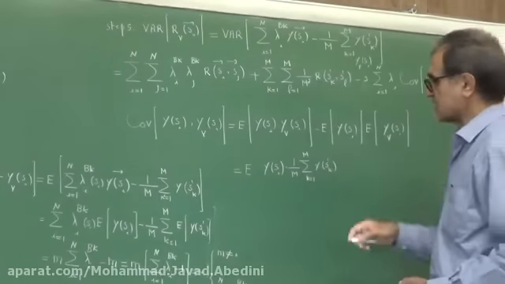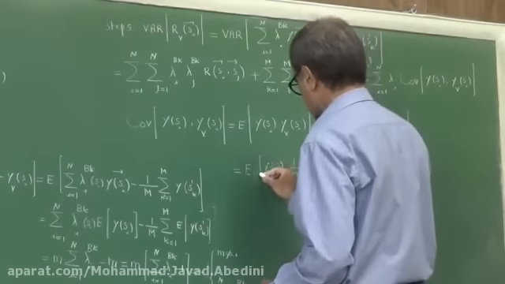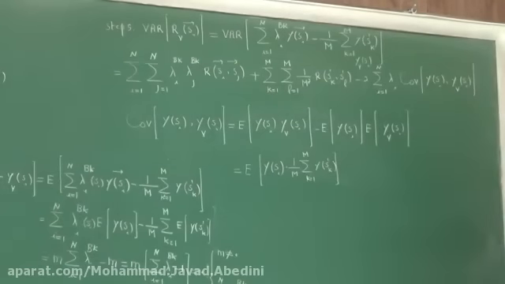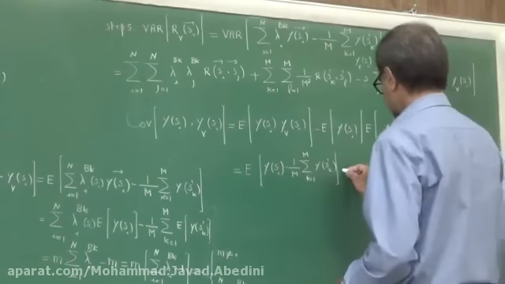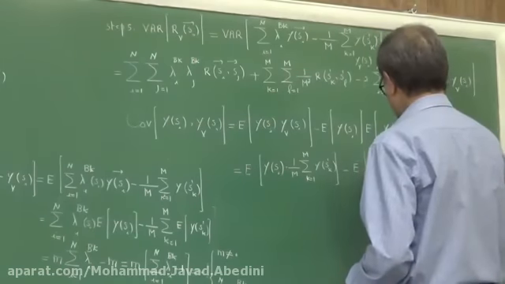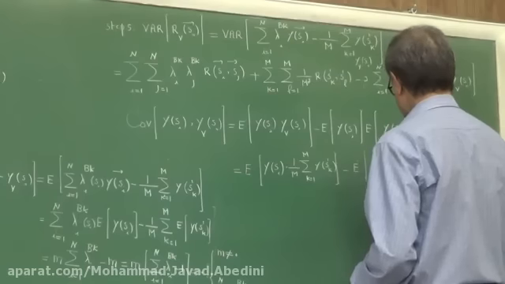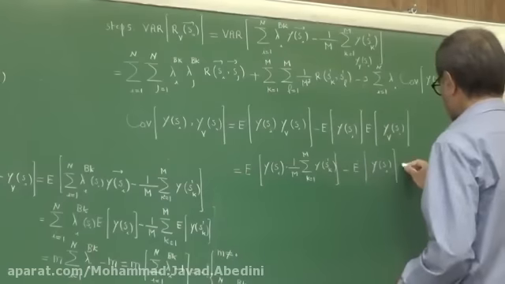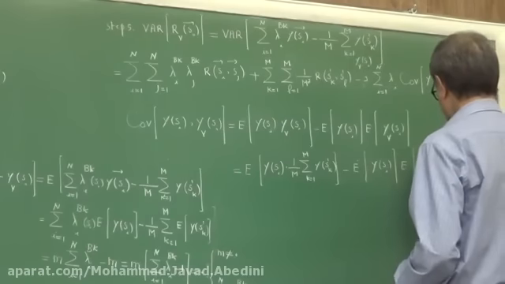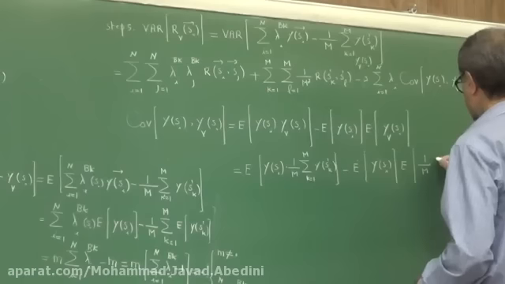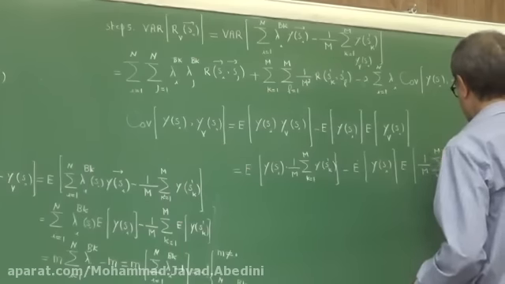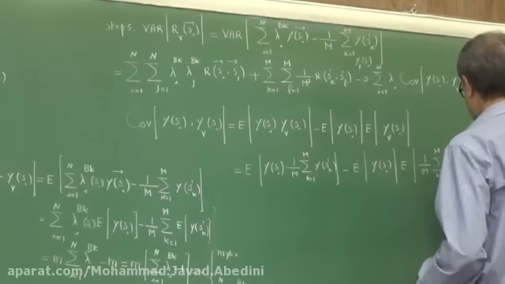Just I replace this with its counterpart. Minus expected value of y at si, expected value of 1 over m summation k from 1 to m y s prime k.